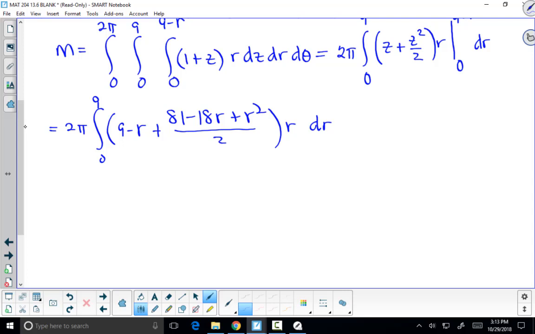Can we multiply that by 2 and combine? Yes, so let's do that. If we factor out the 2, we're going to have pi, 0 to 9, and then that's going to be 18 minus 2r plus, I guess we could have added this together in our head. We do other things more complicated in our head.